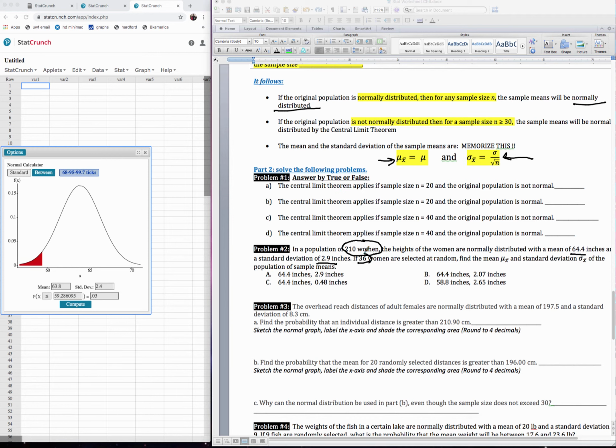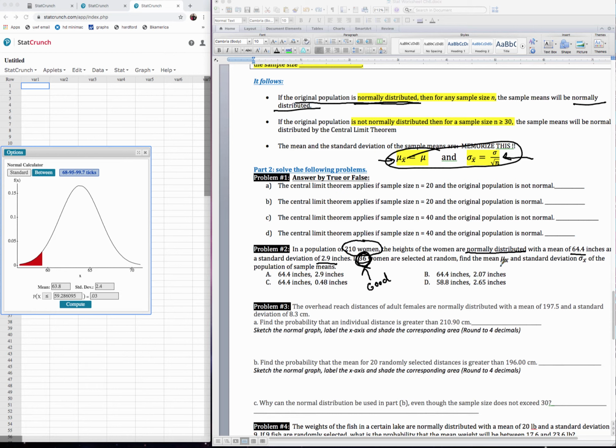Now they picked 36, see? Now let's see if we could use the central limit theorem. Original population is normally distributed. How many am I allowed to pick? Any size. 36 is any size, so we're good.